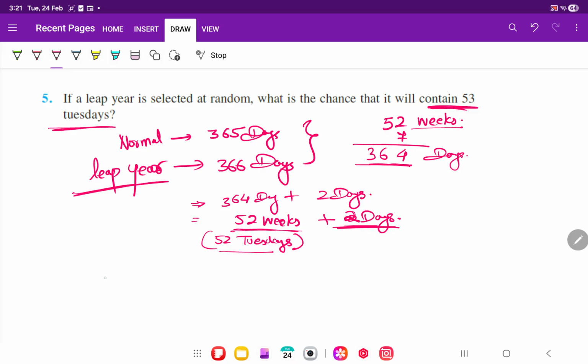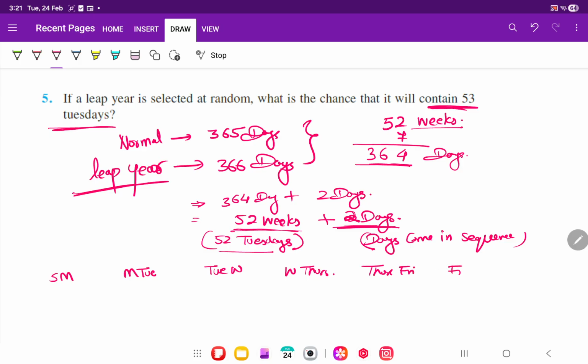Because days come in sequence. We know that days come in sequence. They cannot come randomly, correct? So those 2 days may be Sunday, Monday, or Monday, Tuesday, or Tuesday, Wednesday, maybe Wednesday, Thursday, maybe Thursday, Friday, maybe Friday and Saturday, or maybe Saturday and Sunday.